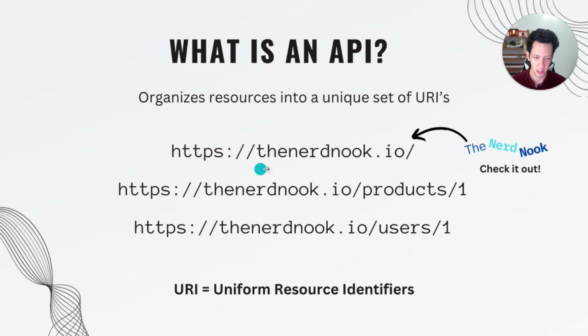It's an identifier. And this is the landing page for a website. This is actually my newsletter, so you guys should head on over, check out the Nerd Nook at thenerdnook.io. Another URI is like an extension. So I'm building a new identifier onto the root URL, the root URI. So each of these are examples of a URI.